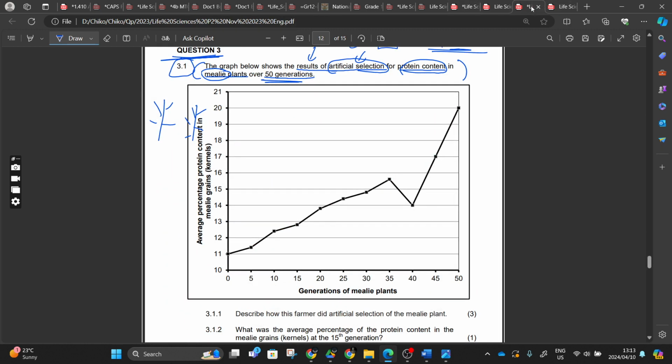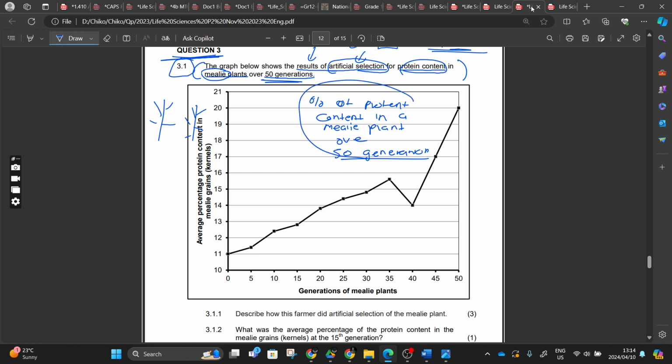So right now we are going to say the percentage of protein content in a mealy plant over 50 generations.